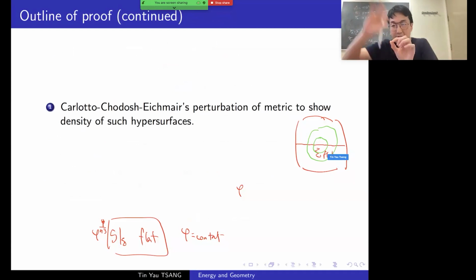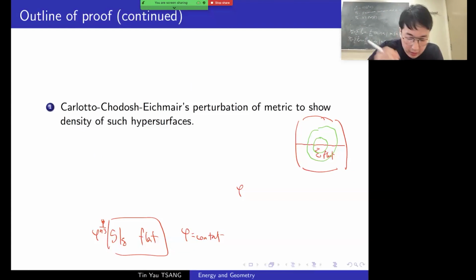The radius of the annulus can be arbitrary, so it can be very, very small. The key is that we do the minimization process again, so the new surface will appear along the annulus region. Then by adjusting the size of the annulus, of course, we have the density of such flat surfaces.